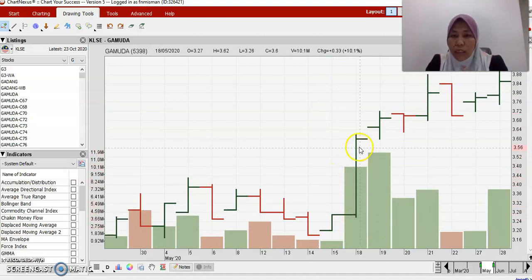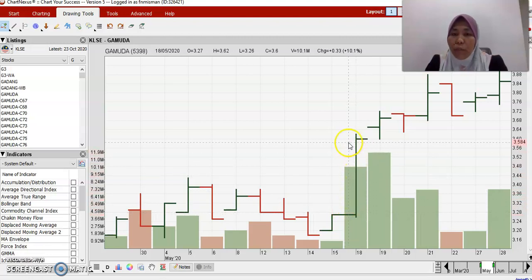Let me explain one example. We choose this very tall bar. This bar represents four different prices. The first one is the opening price; this point reports the opening price.